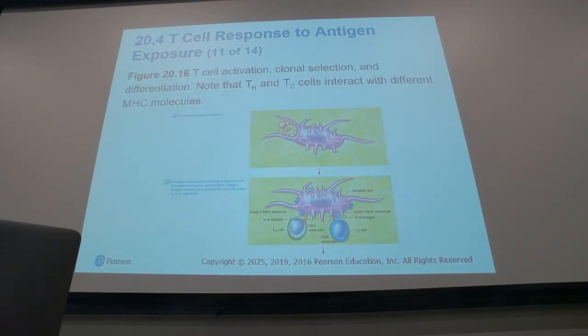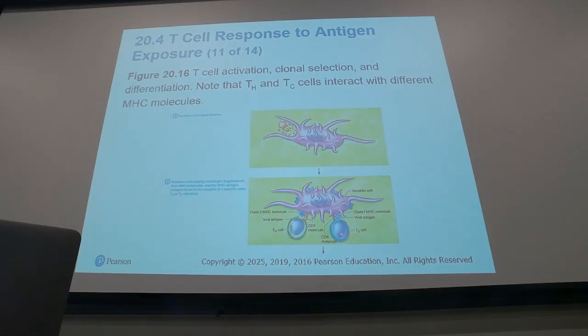So then you'll have this T cell activation once you have this presenting of these antigens by these phagocytes or dendritic cells, and then you will interact with different MHC molecules depending on which one it is. So a T helper cell, which is a CD4, will interact with MHC2, while the cytotoxic T cell, which is a CD8, interacts with MHC1.